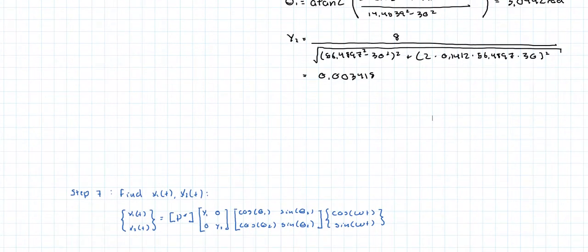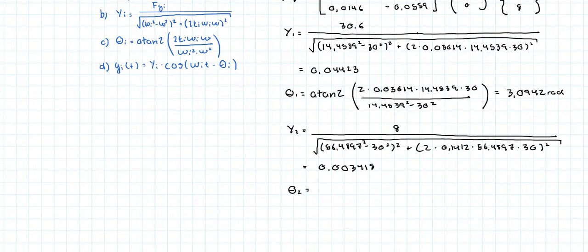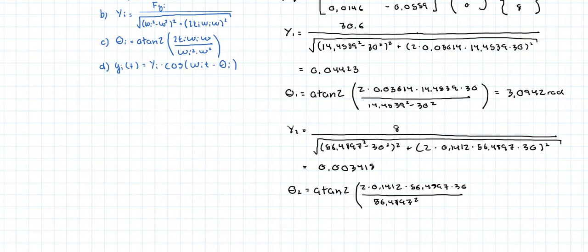Okay, now we're missing the second angle, and that's equal to a tan 2 times 0.1412, the second damping ratio, times the natural frequency, and that should give you 0.2060 radians.